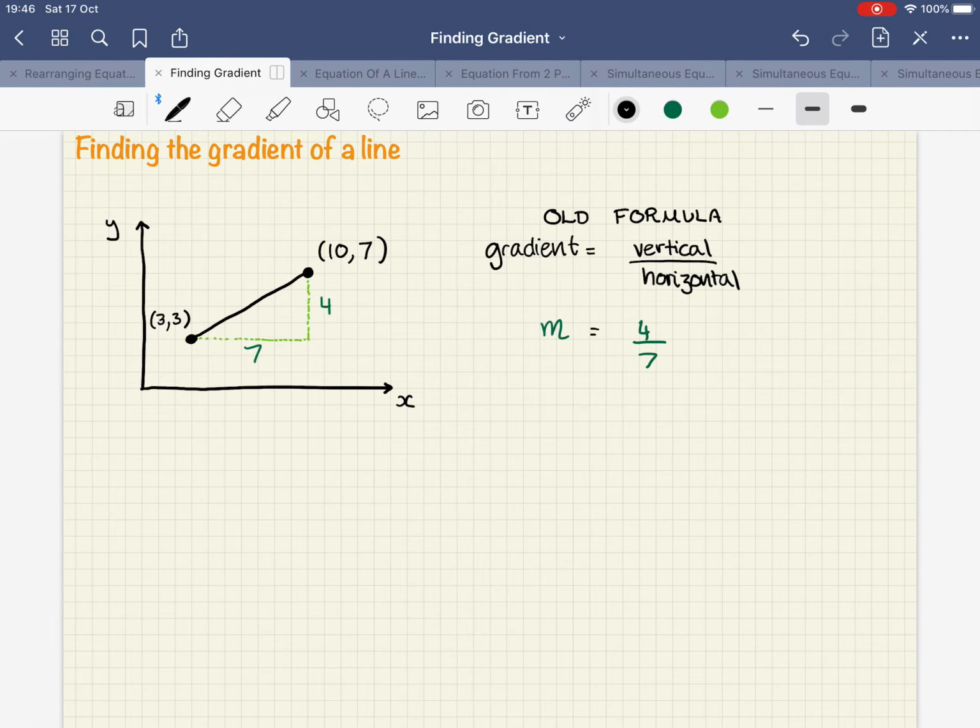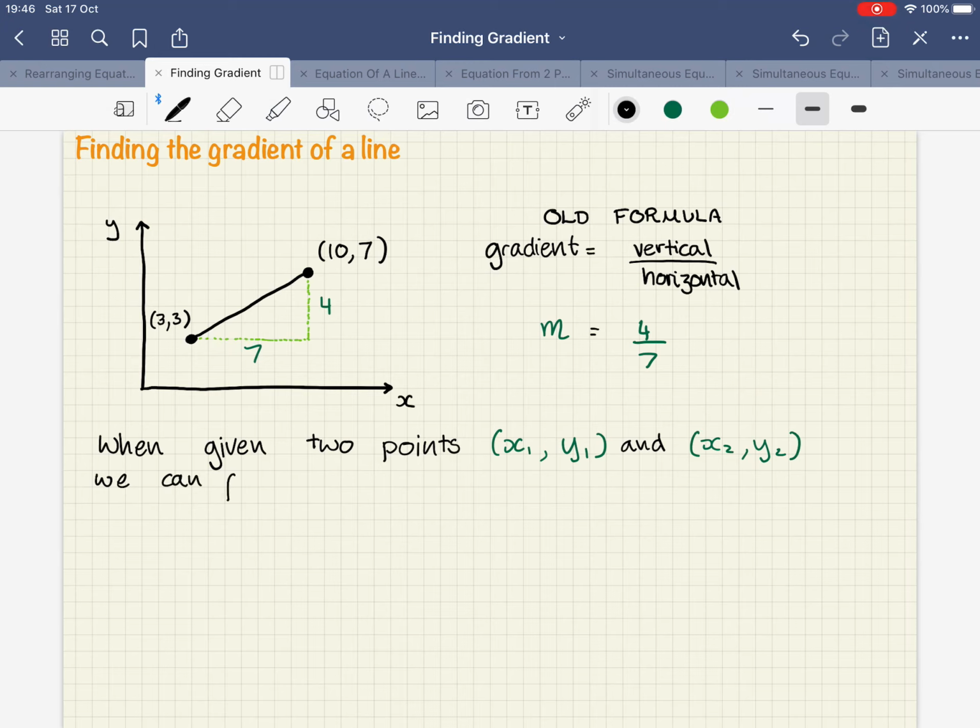So, in general, when given 2 points, and I'm going to call these x1, y1, and x2, y2, we can find the gradient of a line with the following equation.